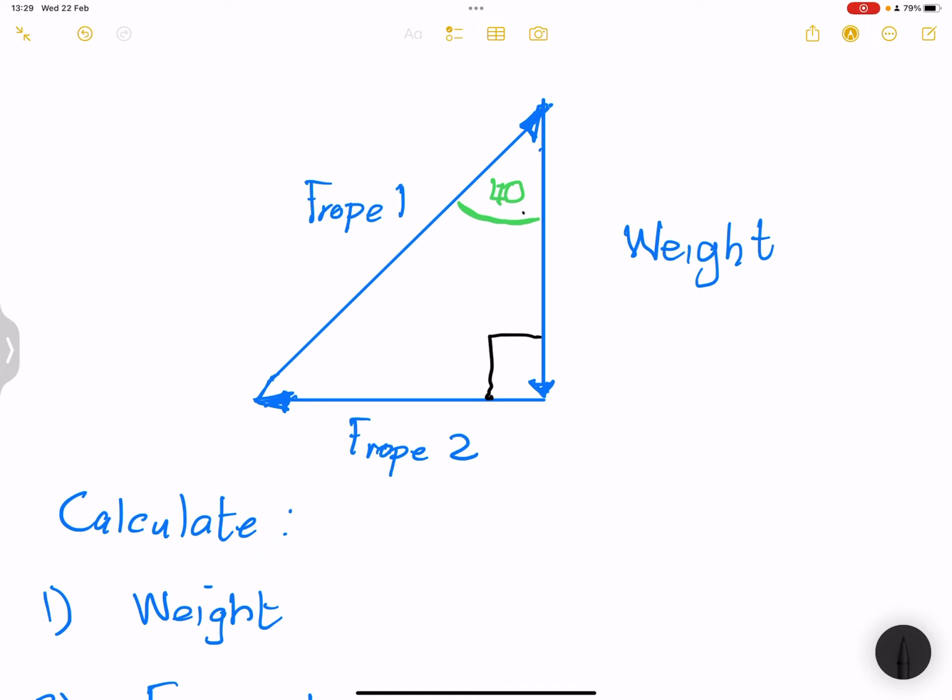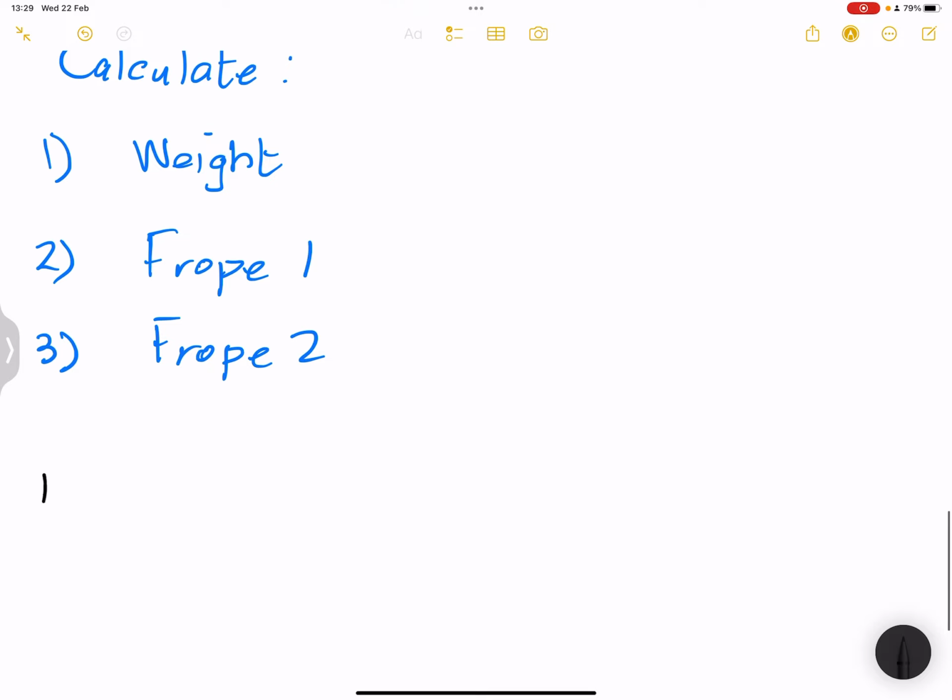Now, the first one, we wanted to find out what the weight is. Remember that weight, please keep this in mind, is mass times the gravitational acceleration. For different purposes, some of you may use 9.8, some use 10. It really doesn't matter. Obviously, it depends on your examiner, what they prefer, or your syllabus.